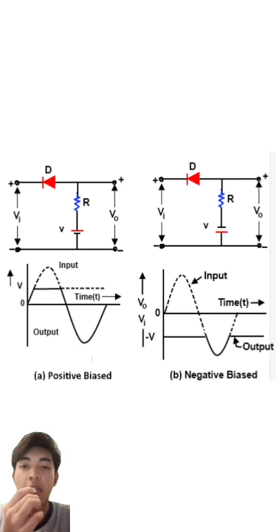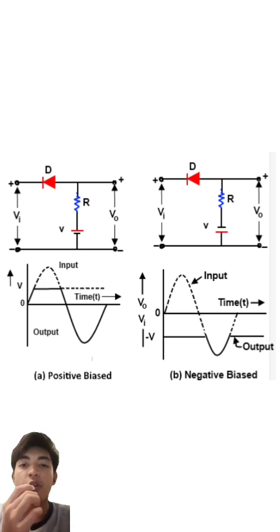For example, when the input voltage exceeds 0.7 volt, the diode conducts and diverts the current, effectively removing that part of the signal. Okay, the output waveform shows only the negative portion of the input.